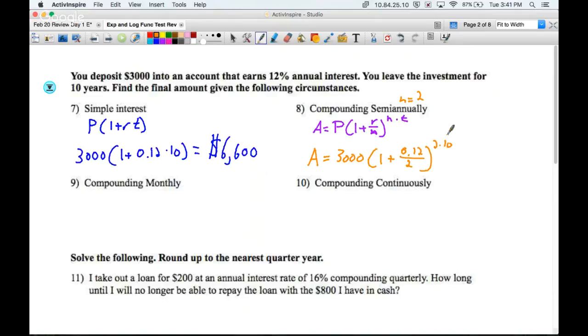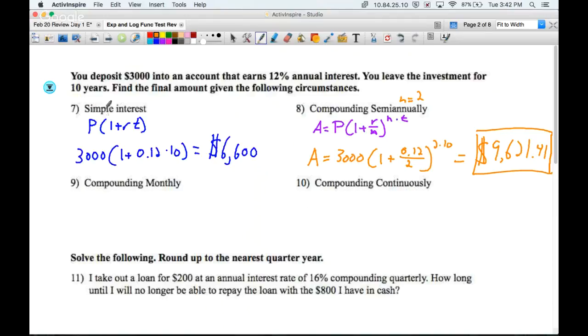Plug all that into my calculator. 3,000 times parentheses 1 plus 0.12 divided by 2 to the power of 20. And I get quite a bit more money. I get $9,621.41.